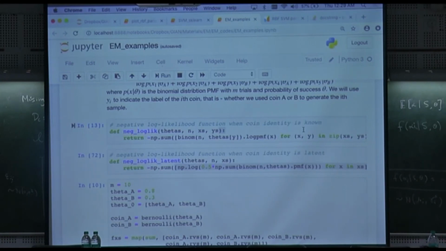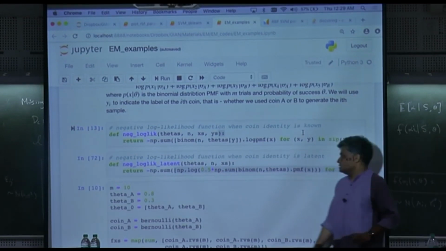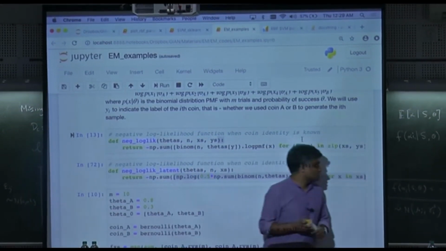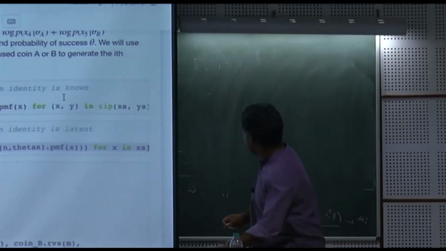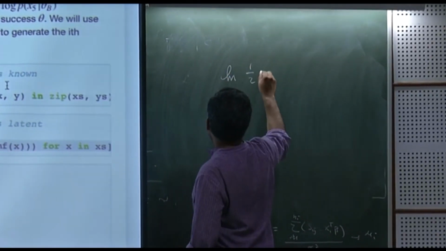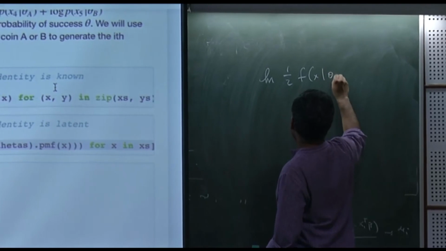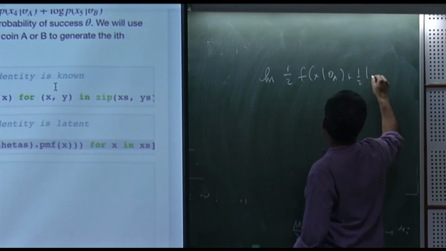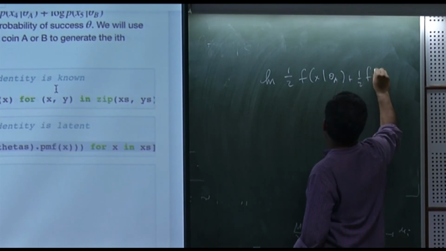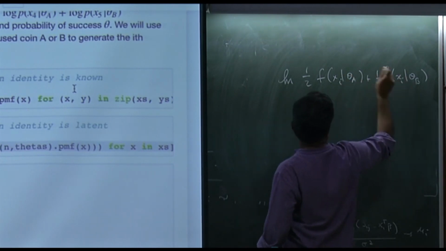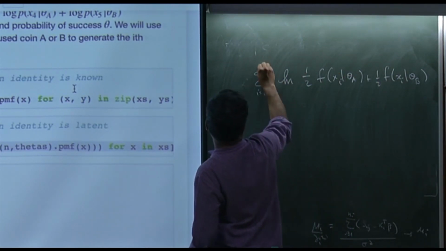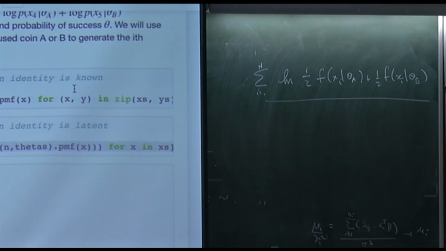When the coin identity is not known, what you want to do is write the expression slightly differently, and the expression is the log of 1/2 of f of x given theta a plus 1/2 of f of x given theta b, and xi, and this is a summation of i going from 1 through n. This is the log likelihood. So that's what is happening over here.